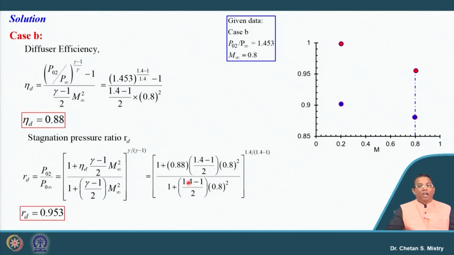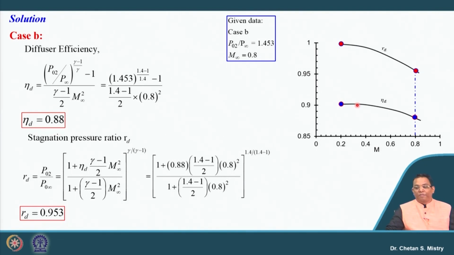Here, what we need to realize is what is happening with our diffuser efficiency and with our stagnation pressure ratio. If I vary my Mach number from 0.2 to 0.4, 0.6, 0.8, you will realize my diffuser efficiency decreases.